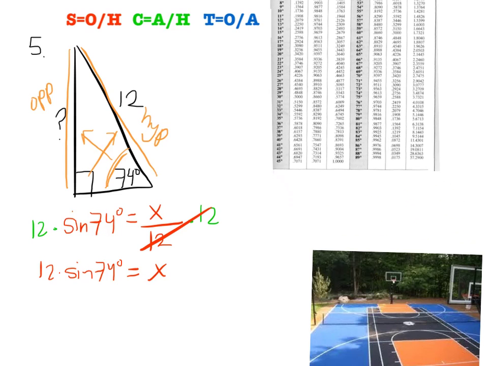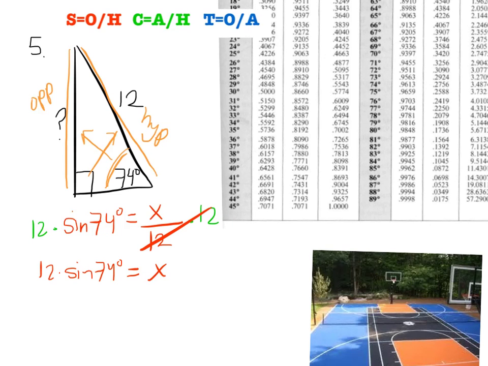I'm going to look up 74 degrees, and here it is right here, and right there's my sine value. So I'm going to substitute that in. So 12 times 0.9613 is what my x value is. So I'm going to have to do that calculation of 0.9613 times 12.